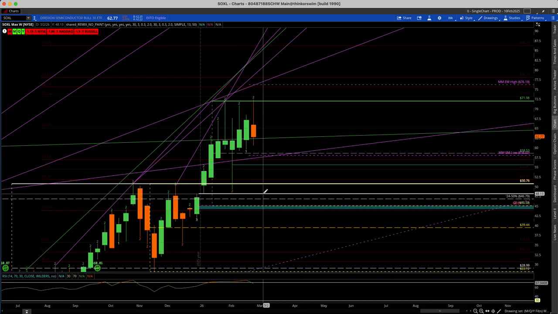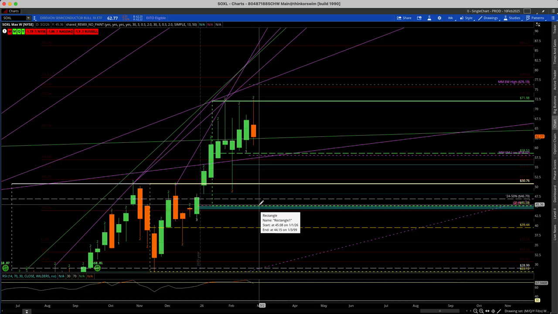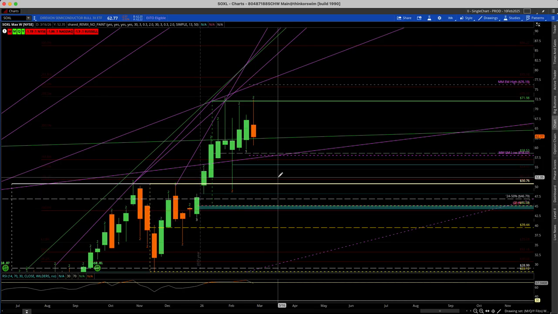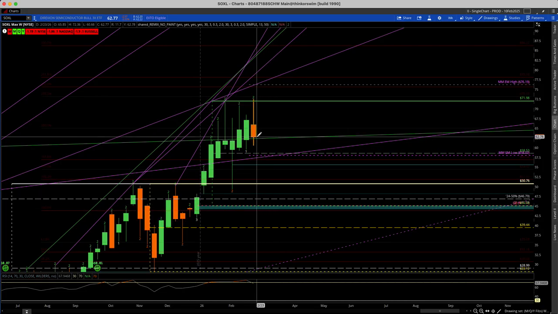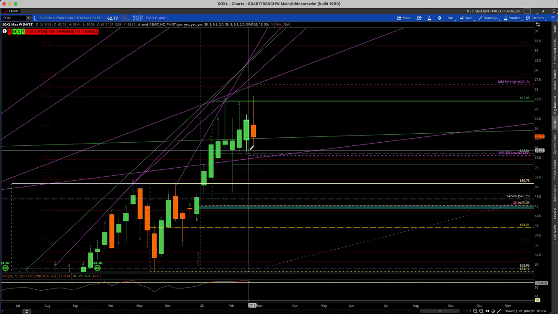That brings us closer to this gap here at 48, and the gap here at 45. So if that strat triggers and only reaches the magnitude for that particular strat, the 1 2 up 2 down, we're in good shape.